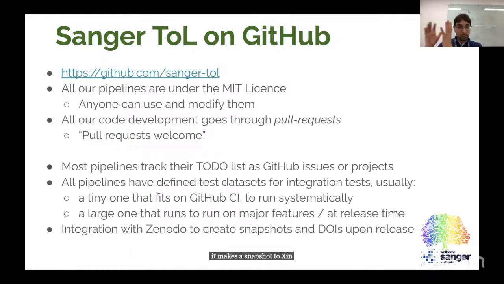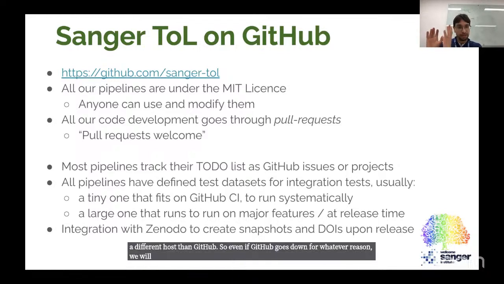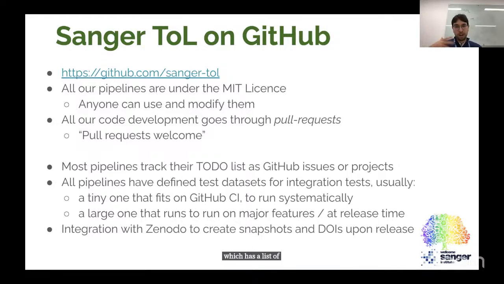So that piece of code is now set in stone in a different host than GitHub. So even if GitHub goes down for whatever reason, we will still have Zenodo. We will still be able to access our software, and it's accessioned. So now there's the accession number, which has a list of authors and contributors. So there's a way of crediting everyone who's involved in the software.